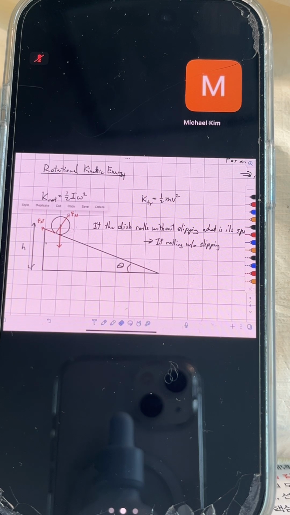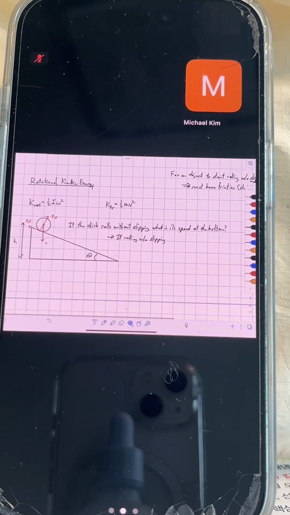Now this thing is not very perpendicular, it should be more like this. Okay, so this is what our force diagram looks like.